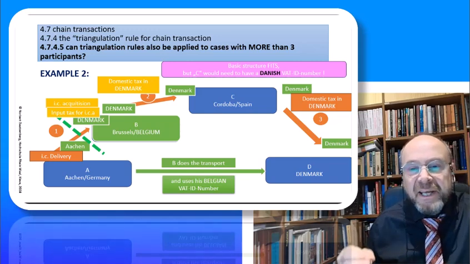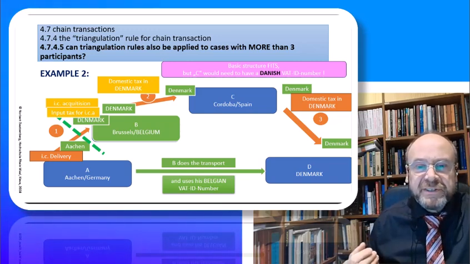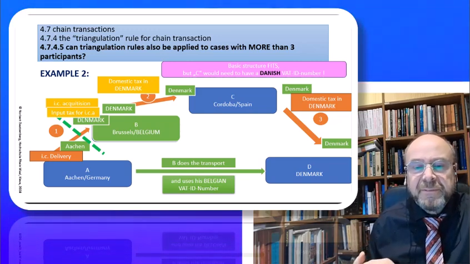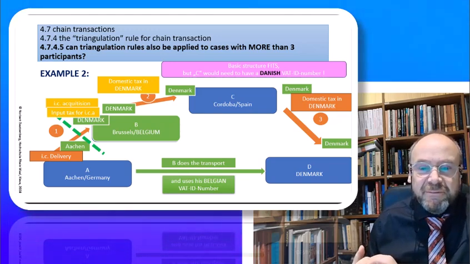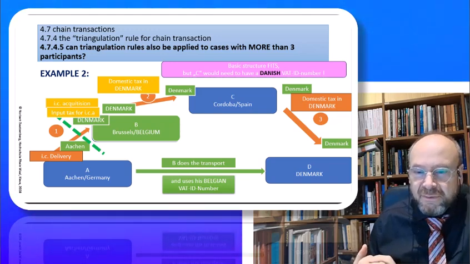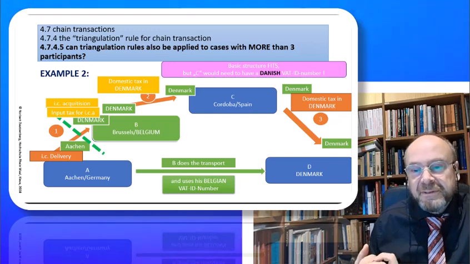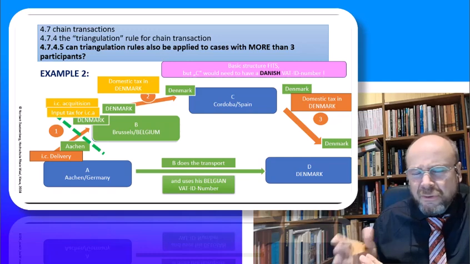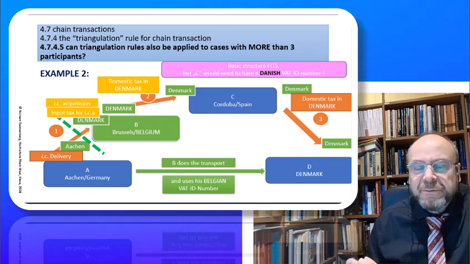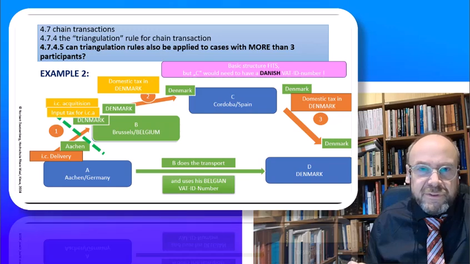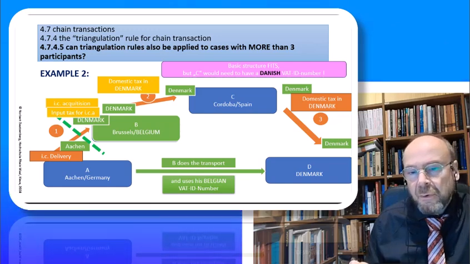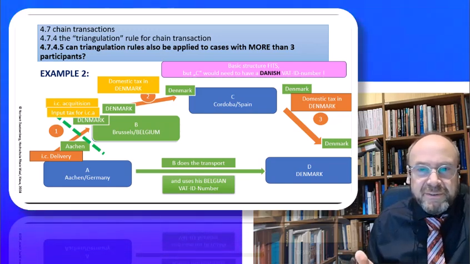Now C might, from previous transactions or so, indeed have such a number. If he does not yet have it, he will need to register in Denmark subsequently, because, yeah, not always. It might also be that for transaction number 3 there is a reverse charge rule in Denmark. One doesn't know. So it really depends on the circumstances.